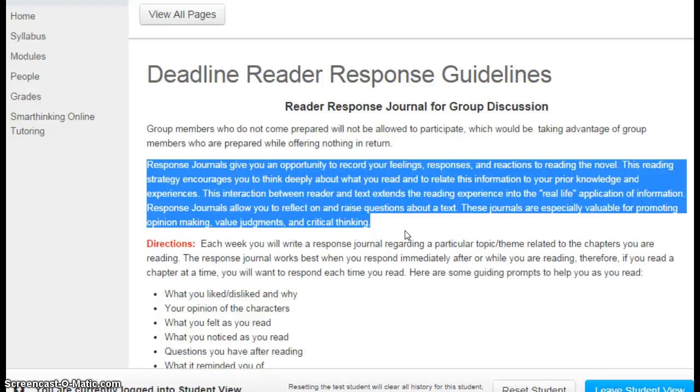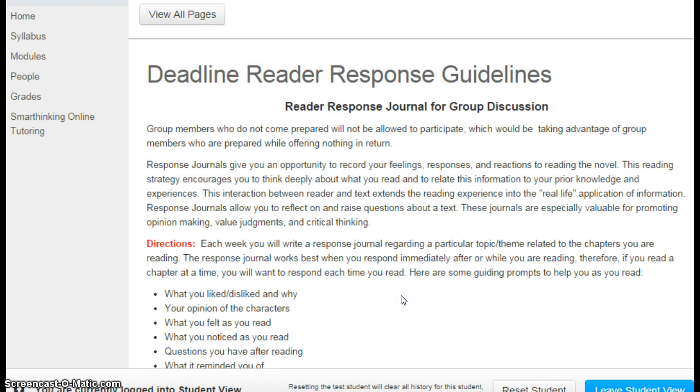And it's trying to help you apply what you're reading to real life information, situations, and issues that come about. So they really help you in making opinions, value judgments, and thinking critically.